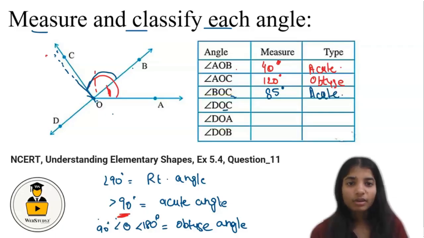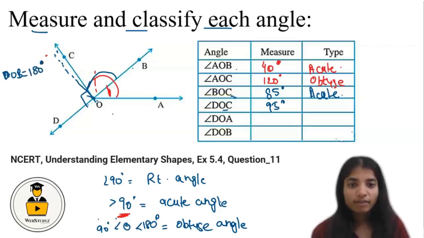Now we have to find out the value of DOC. Let's say this is the 90 degree angle and DOC is somewhat greater than 90 degrees. When we measure its value using a protractor, we get 95 degrees. We can also calculate it orally, as AOB is a straight line, so DOB is a straight line, and the value of DOB is 180 degrees.